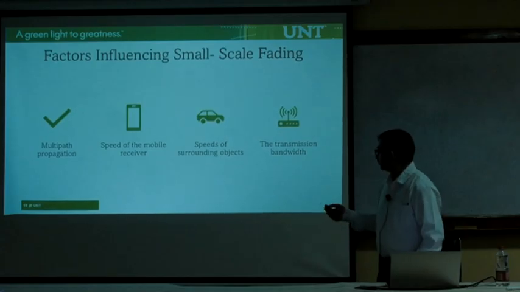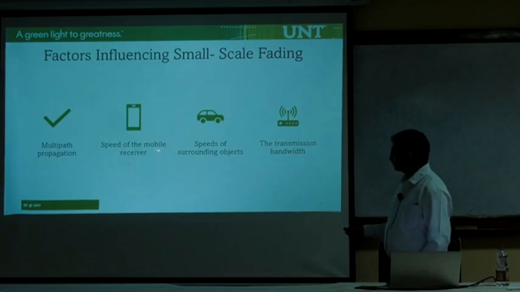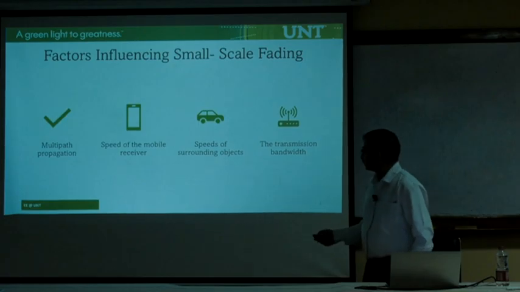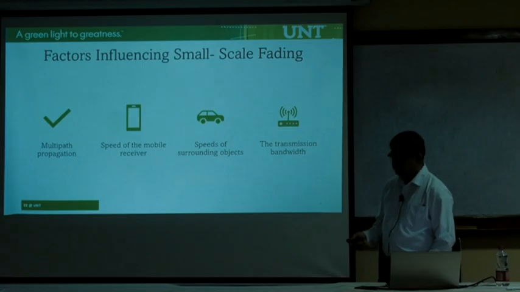Okay, let's quickly look into the other things. Here are the factors that we need to consider. One of them is the speed of the vehicles, another is of course bandwidth, and another is not only the speed of the mobile receiver but also the surrounding objects.